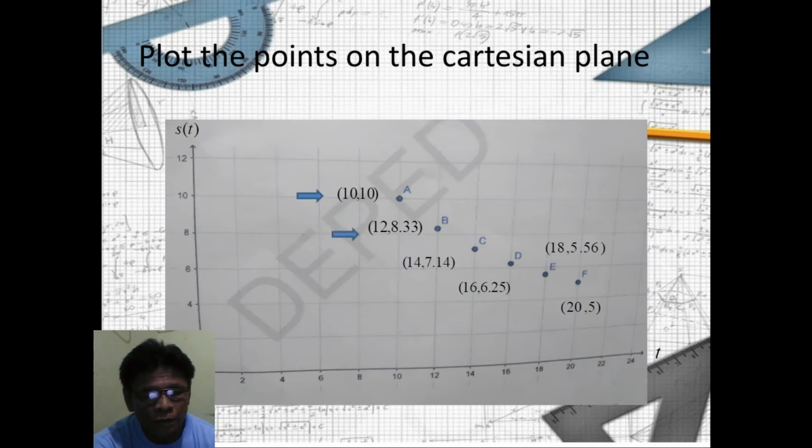The coordinates of point B are 12 and 8.33, and the coordinates of point C are 14 and 7.14. And these are the coordinates of points D, E, and F.